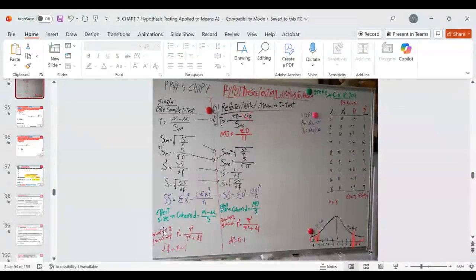In terms of calculating the effect size, it's pretty much the same way. Mean difference. In the past, for a single sample, we had M minus mu. Now we just have MD, mean difference. And the denominator is the same, S. R squared is calculated the same way as before, and DF is N minus 1 the same way, because we have one sample.